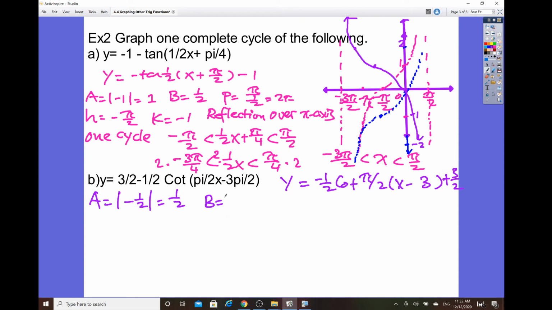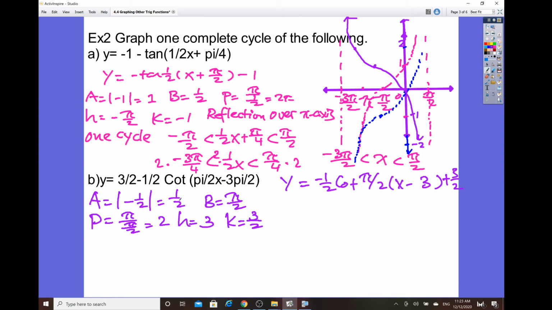So the value of b is pi over 2. And the period is pi divided by pi over 2, so it's 2. And then the phase shift, which is 3 units to the right. And then the value of k, 3 halves. So 1/2, that's a scalar.